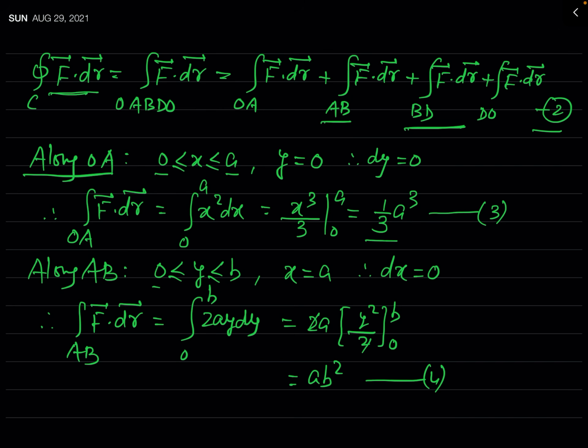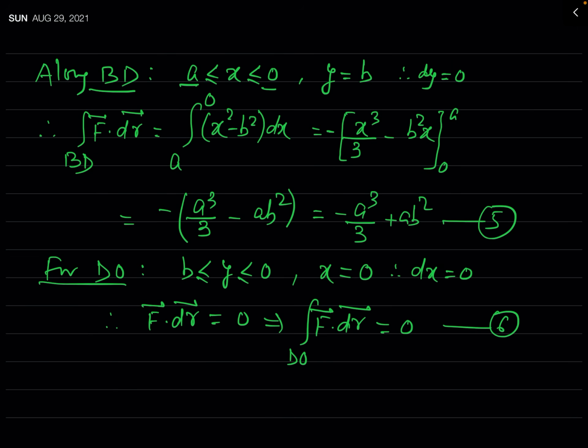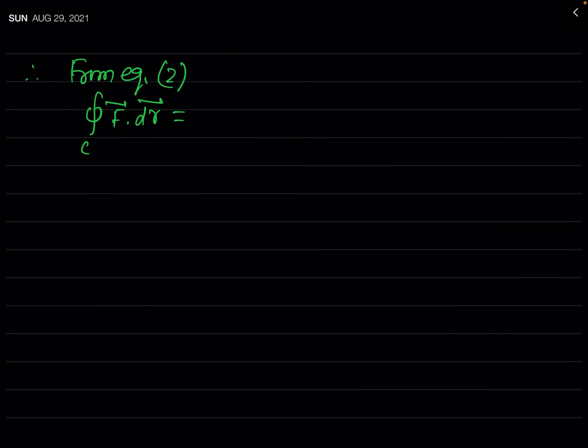This will be 1 by 3 a cube plus ab square, plus minus a cube by 3 plus ab square, plus 0. So let us add all these values.